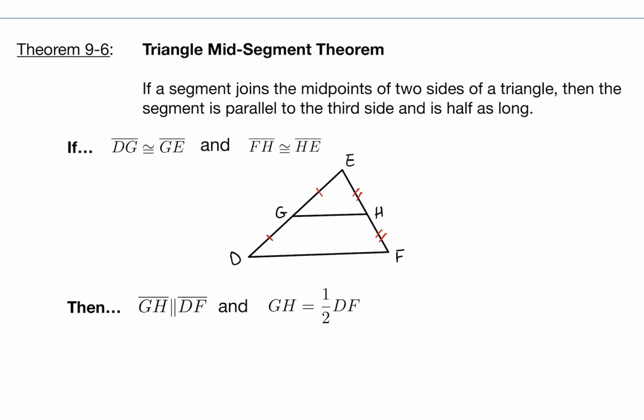So with the triangle midsegment theorem, when we join the midpoints, we end up having parallel lines, and this length, GH, is half of DF.